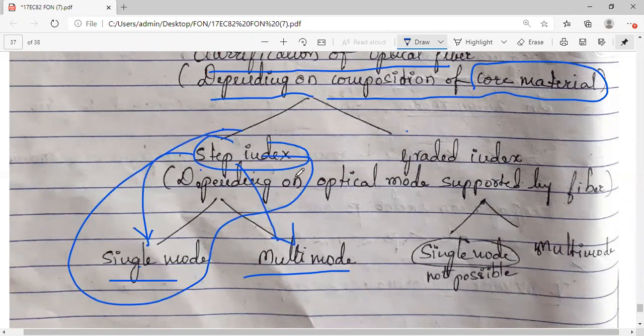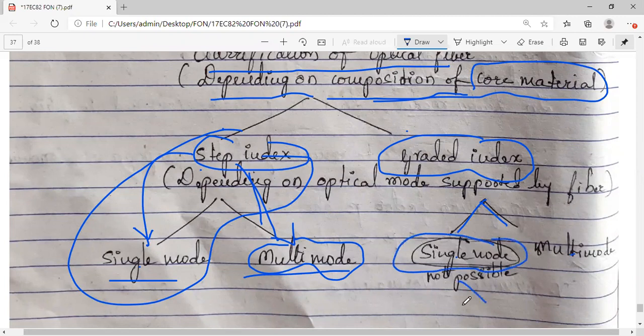There is an optical fiber made of some composition of core material, and it will allow many modes, many field distributions inside the core. That is multi-mode. Similarly, for graded index you would have single mode and multi-mode, but single mode graded index is not possible. So totally you will be studying single mode step index, multi-mode step index, and multi-mode graded index.